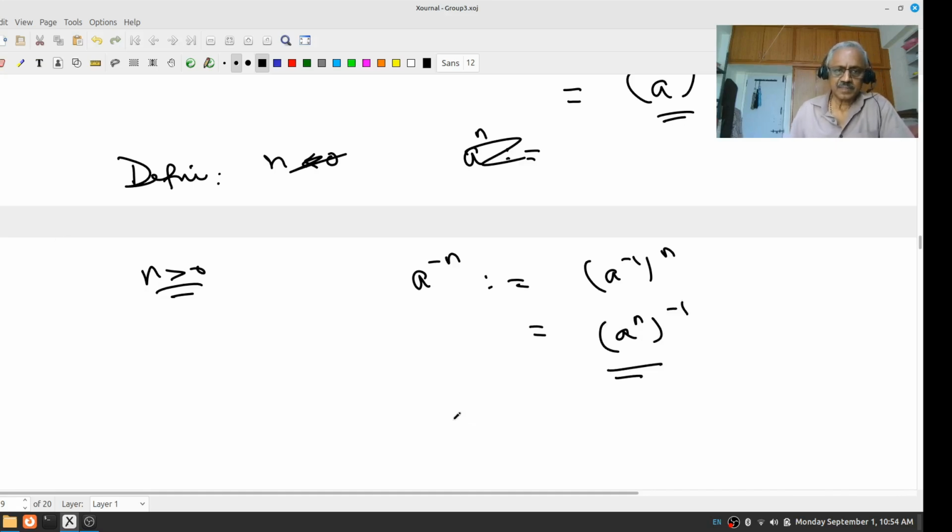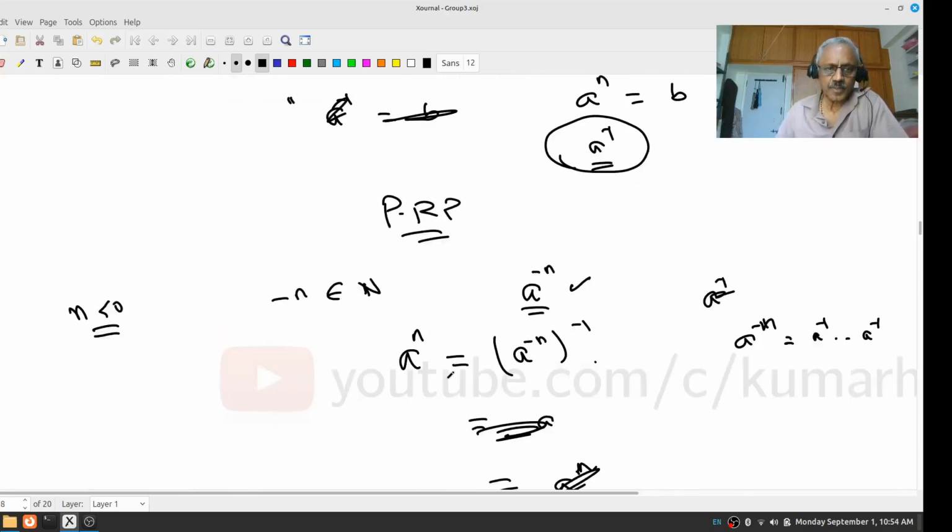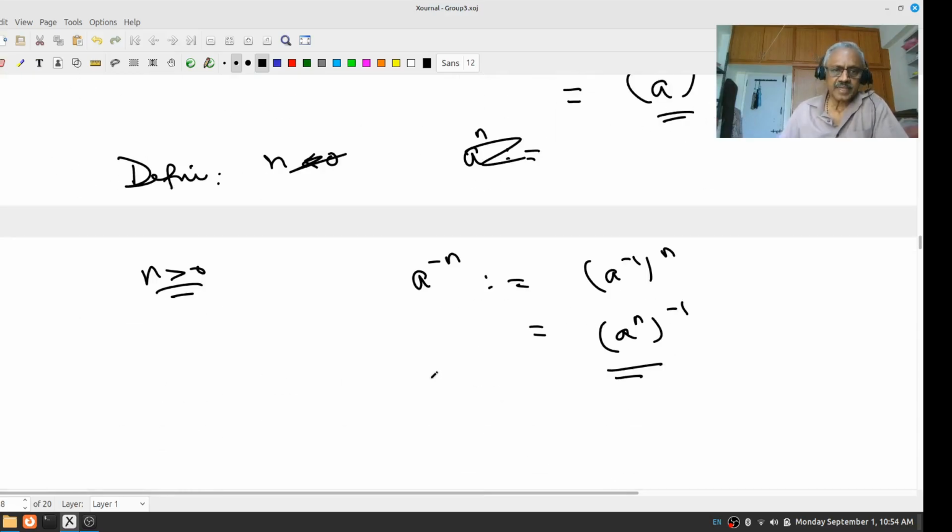I stuck to n negative, that's why it might cause problems, but let us understand this. Let's go back. If n is negative, I want to define a to the power n. So let us assume n is positive, then I want to define a to the power minus n. This is the definition symbol. The left side is defined by the right side. Now since a is a unit, a inverse exists and raising to the power n exists.